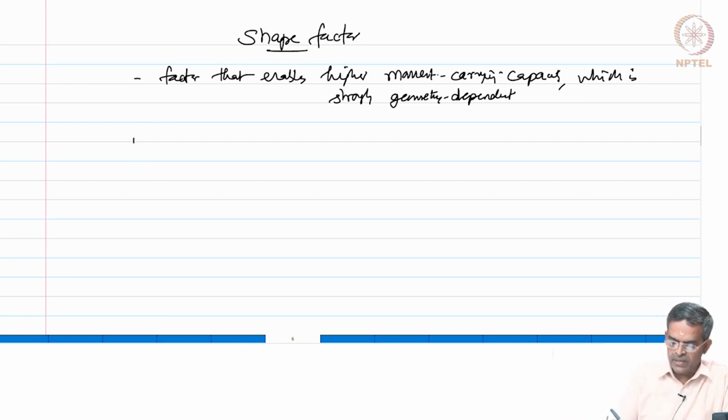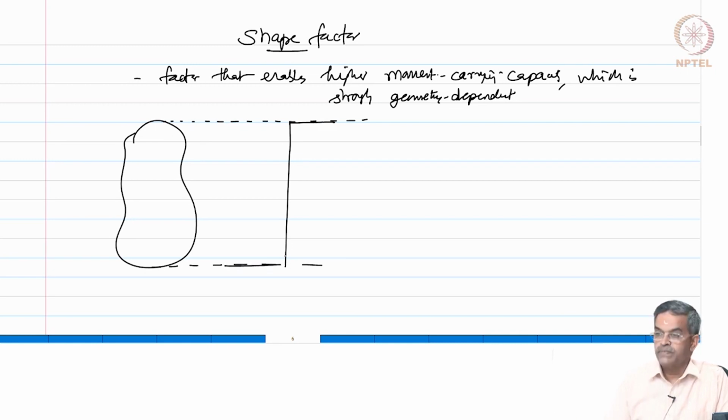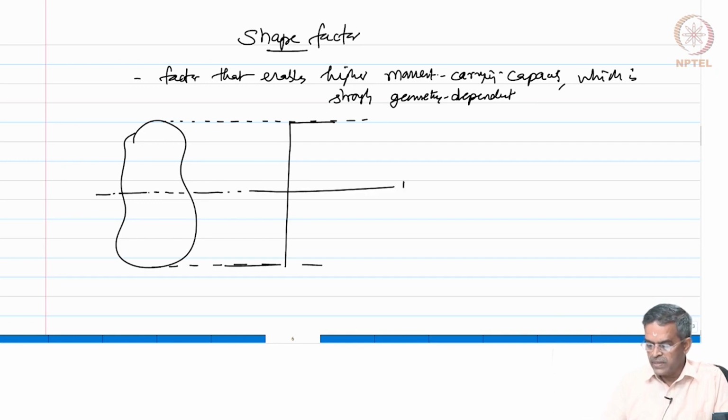We will take an arbitrary section, let us say extreme fiber, we have a plastic stress distribution, and we also mark the equal area axis.